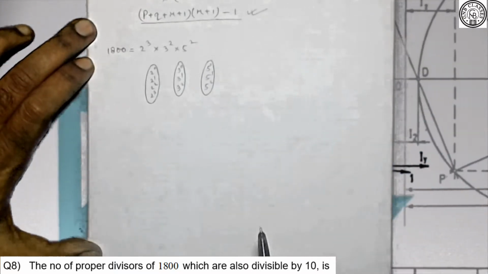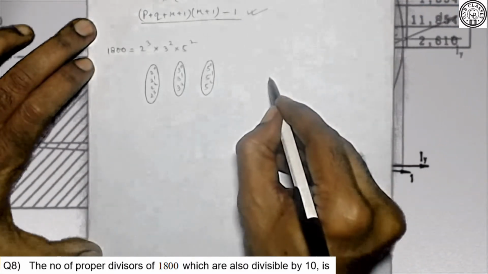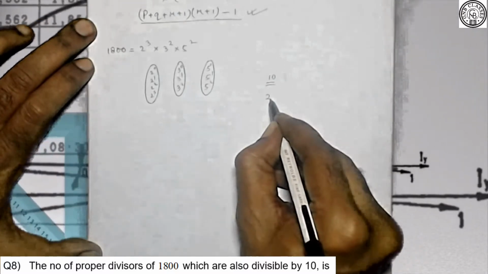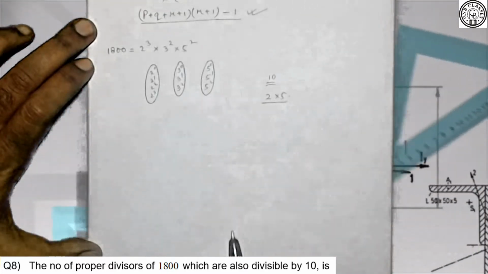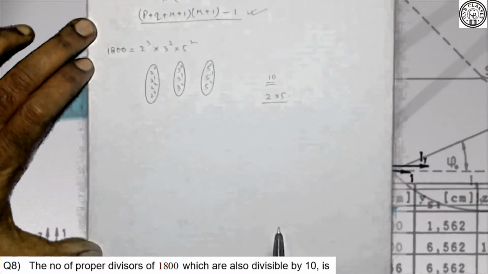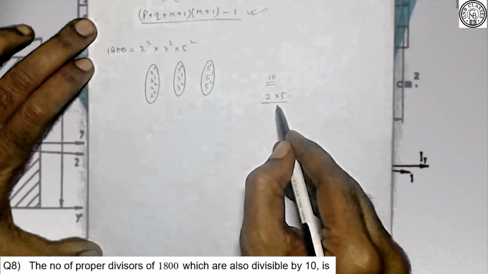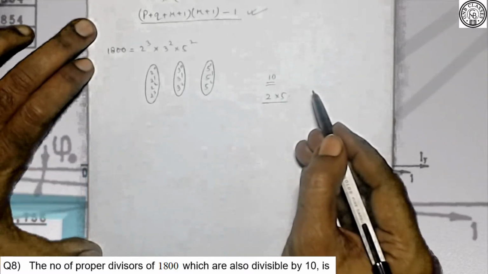Now look carefully. If you want to get the divisors or factors which are divisible by 10, it means that at least one 2 and one 5 must be present in that factor. So if there is 5 and no 2, you will not get any factor which is divisible by 10, or the other way around.